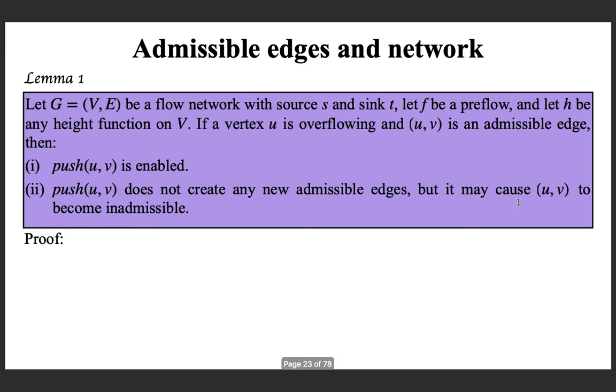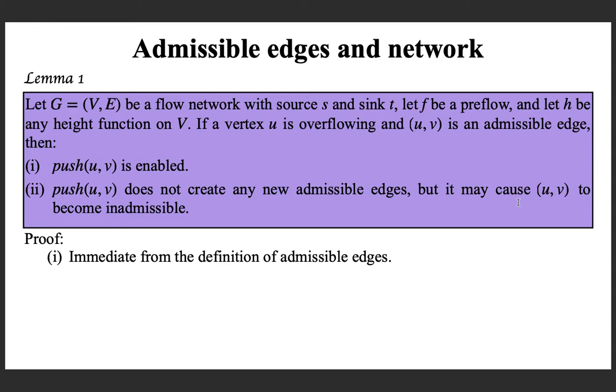We can prove it, and the proof of the first condition is very easy, because it follows from the definition of admissible edges. An edge is called admissible if and only if a push operation is enabled on that. So, this is a trivial property, which follows directly from the definition of admissible edges.